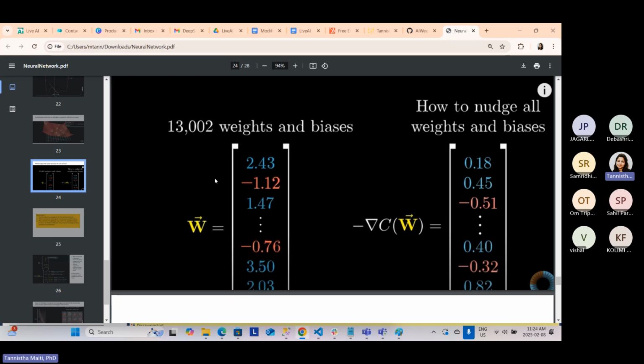In terms of all these W values, some of these weights have a very high value and some have a very low value, and some contribute very little, positive or negative.